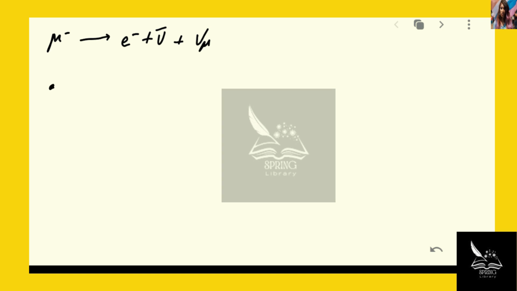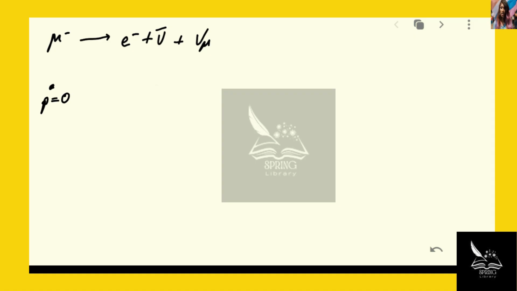Now, a big hint given in the question is that the muon decays from rest. This tells us that the momentum of the initial system is zero, and by conservation of momentum, it must be zero for the final states as well. To give us the maximum kinetic energy, our electron must have the maximum amount of momentum, because kinetic energy is p squared over 2m and is related to the momentum.